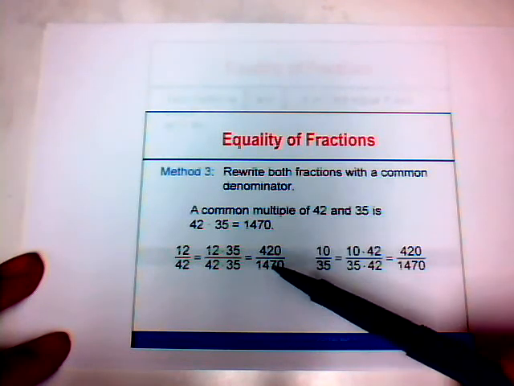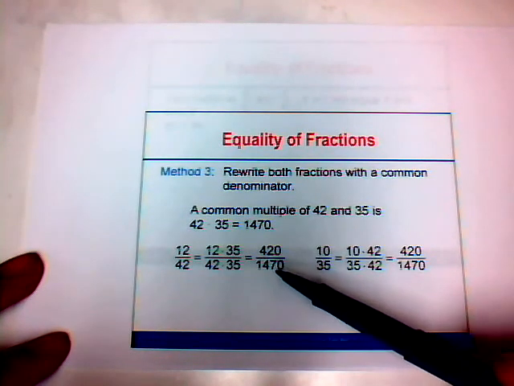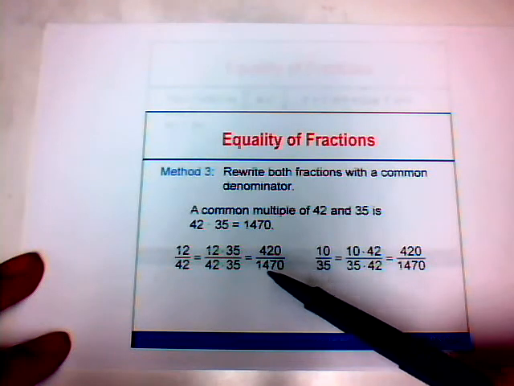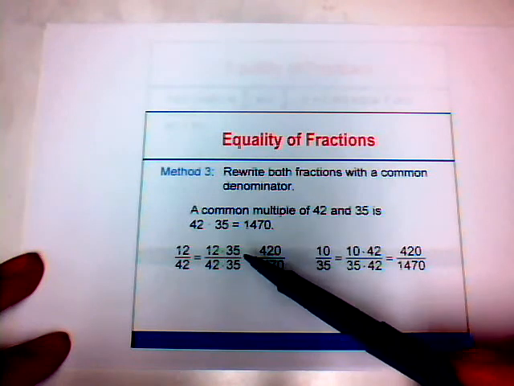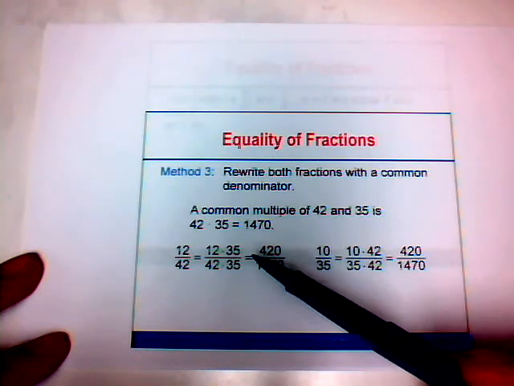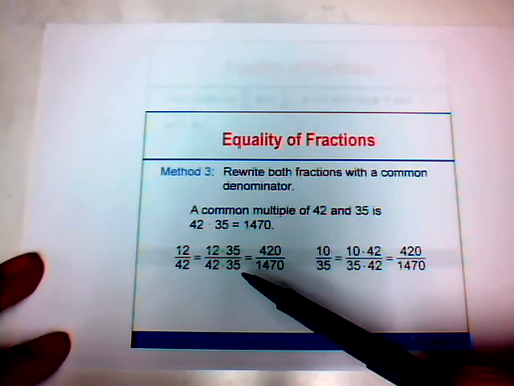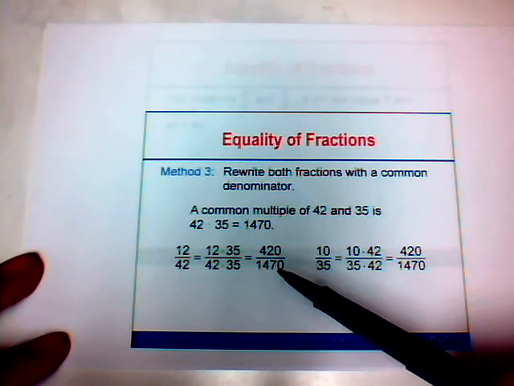And then to get this 42 to be 1470, you have to multiply the numerator and the denominator by 35. So the numerator will be 420 from the 12 times 35, and then 42 times 35 will be 1470.